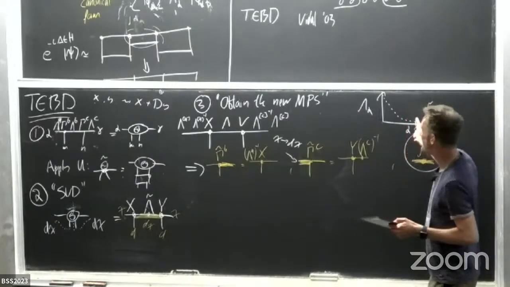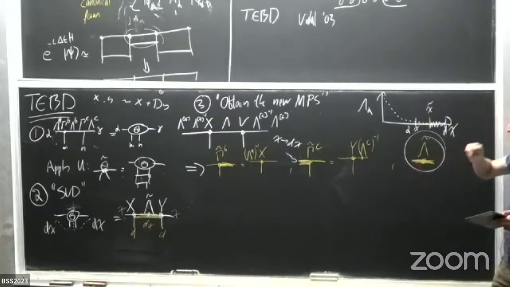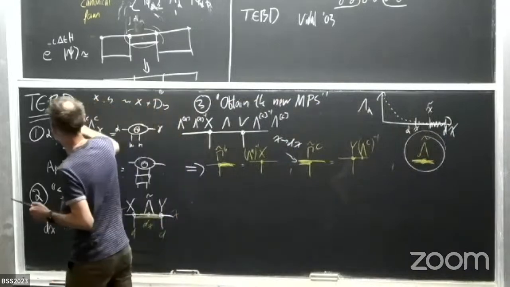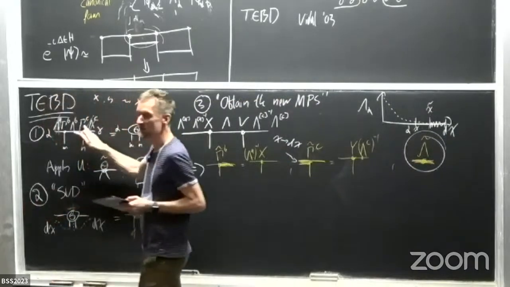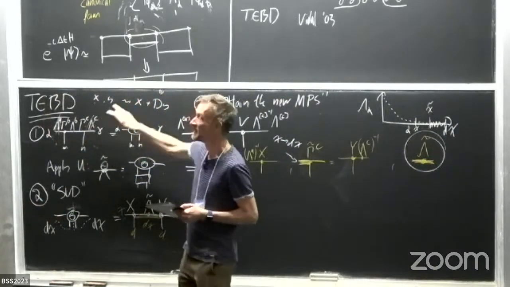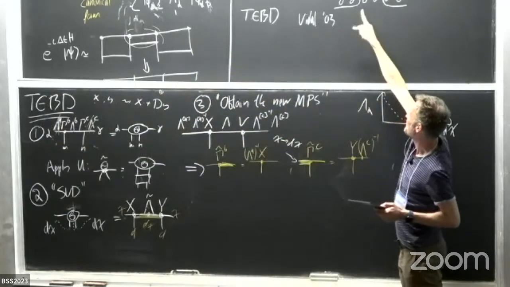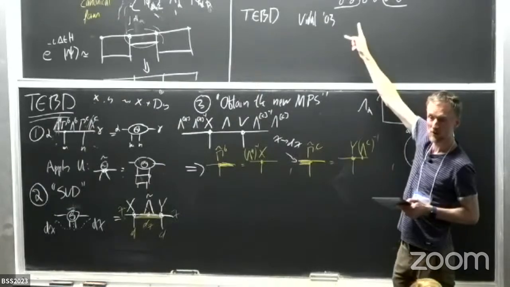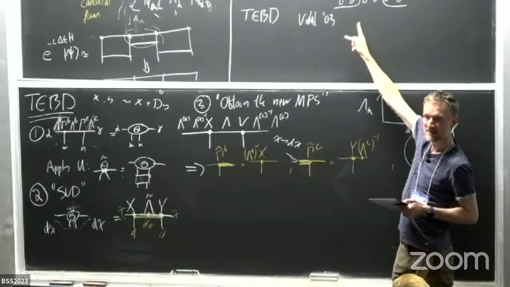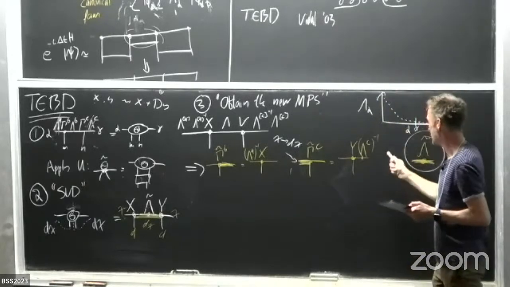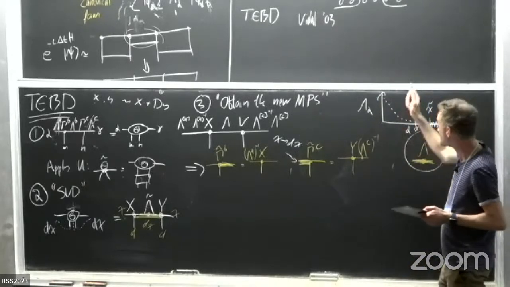And now this is actually the point regarding your question, why it would be a bad idea to not put these lambdas here. Because if we don't put these lambdas here, we would have to put them here. So then we would not have a representation with respect to an orthonormal basis. So something might have a very small factor here, which gets a larger factor here, or vice versa.